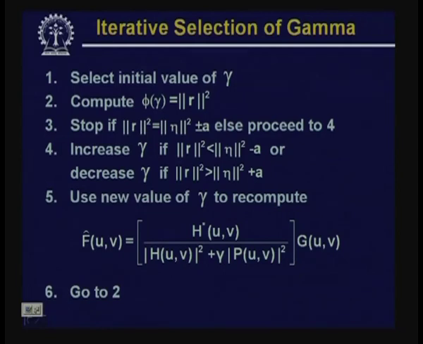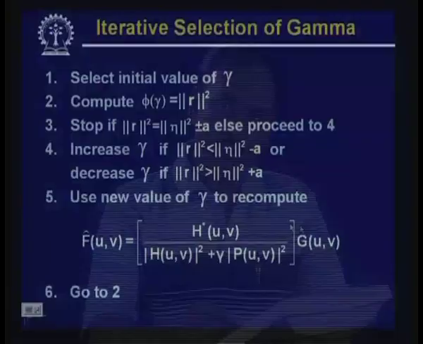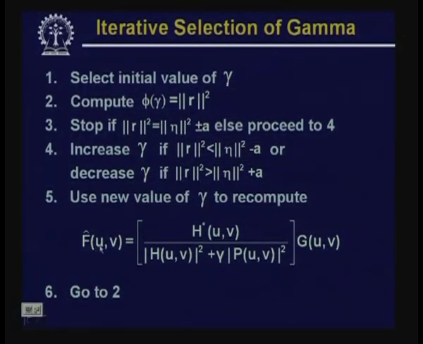Now, using whatever new value of gamma you get, you recompute the image, and for that the image reconstruction function, as we have said in the frequency domain, is given by this particular expression. And with this reconstructed value of f, you go back to step number 2 and repeat the iteration until the termination condition, that is R square equal to eta square plus minus a, is met.